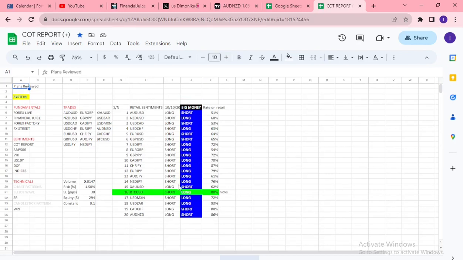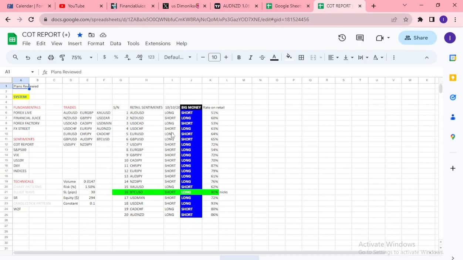What retail sentiment means is it gives us the analysis or the data of the retailers like you and I, who are different from the big banks and institutions, and normally trade a little amount on forex. So this shows us the positions that we are taking on each market.